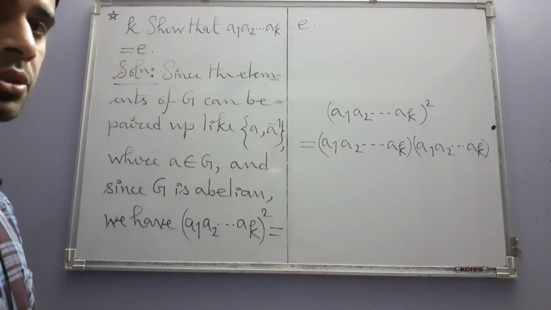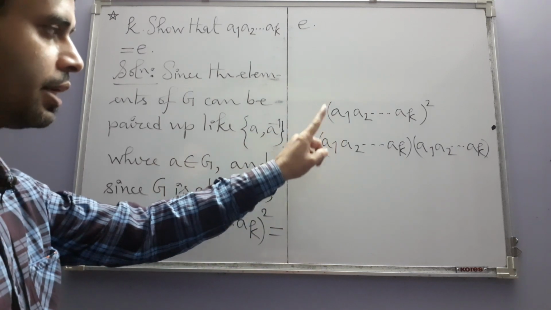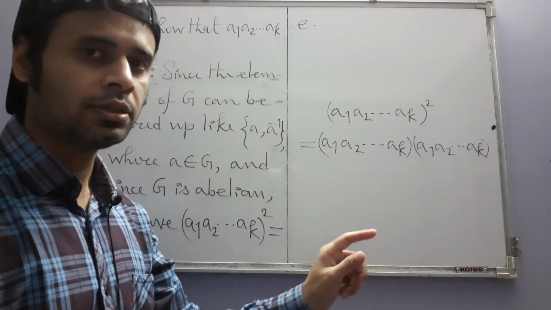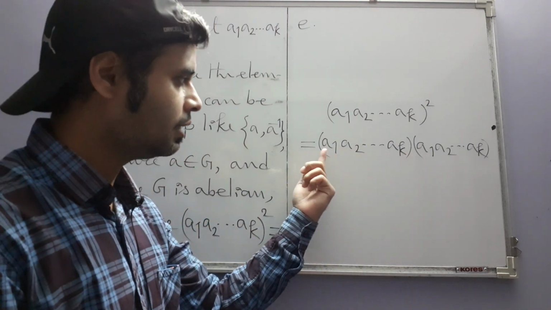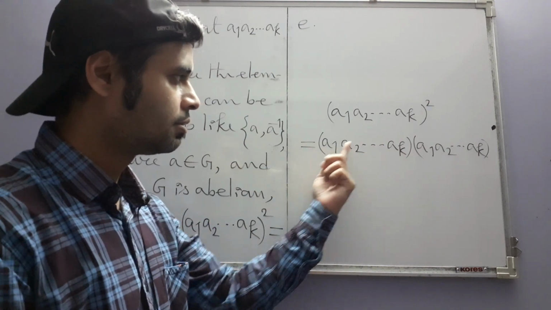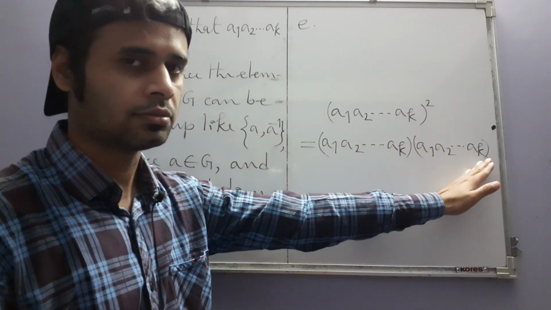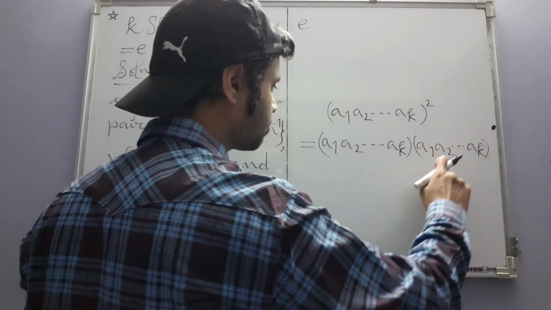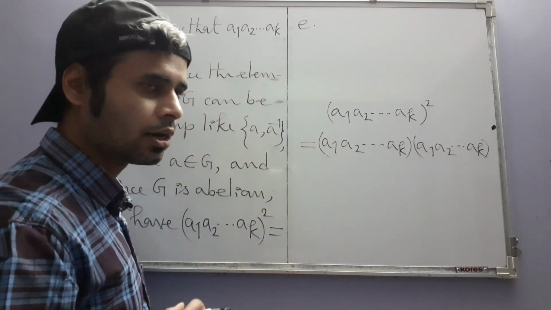Next, you take one element and right next to it you take its inverse. You shift the inverse of this element from wherever that inverse is lying and put it next to the original element.